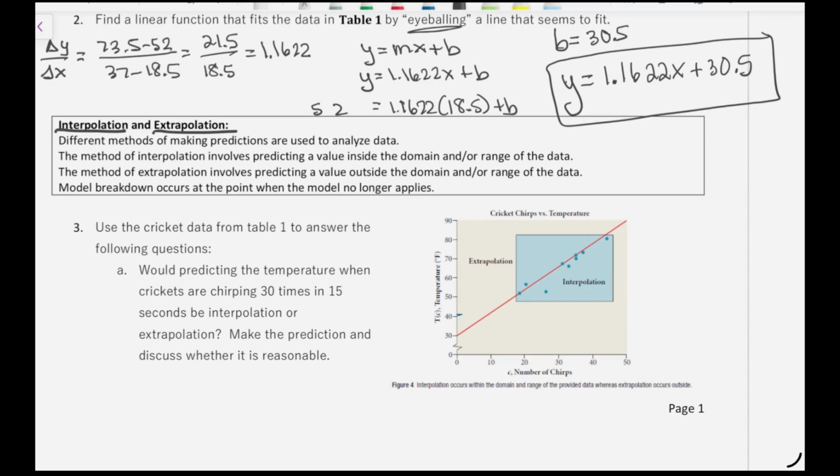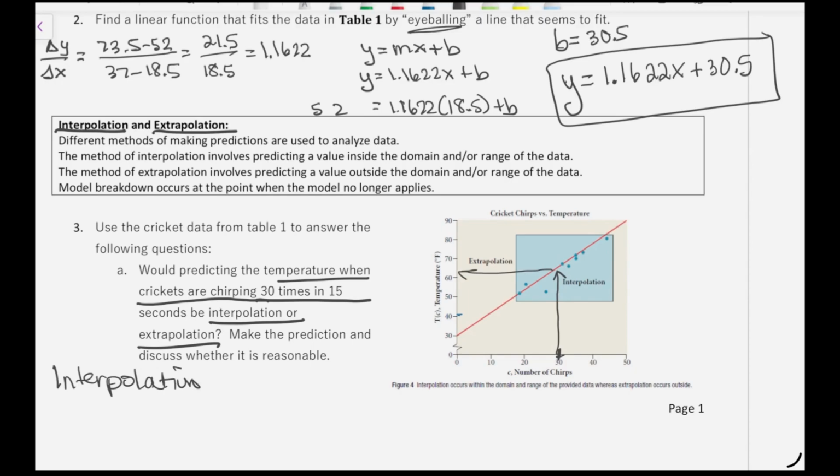Would predicting the temperature when the crickets are chirping 30 times, using that to interpret the temperature, be interpolation or extrapolation? Make a prediction and discuss whether it's reasonable. Well, we're within the data, so it's interpolation.